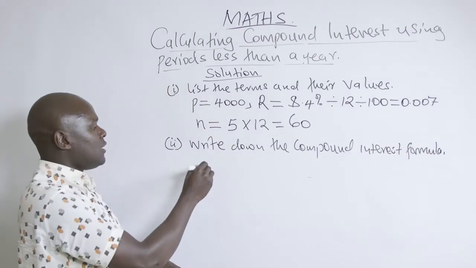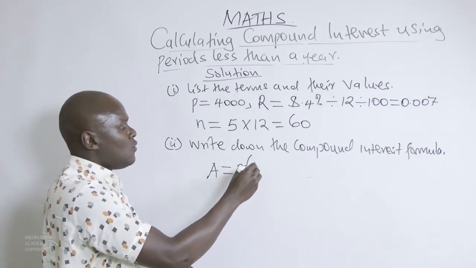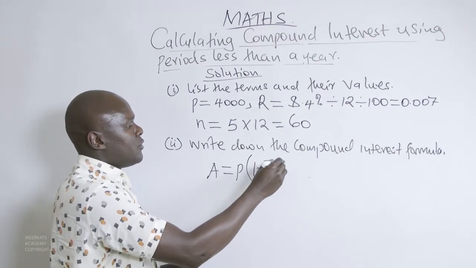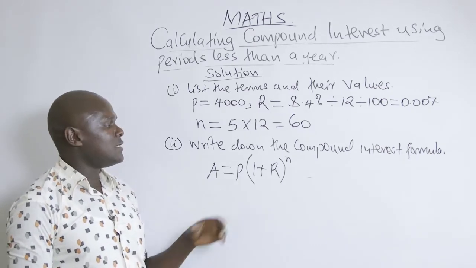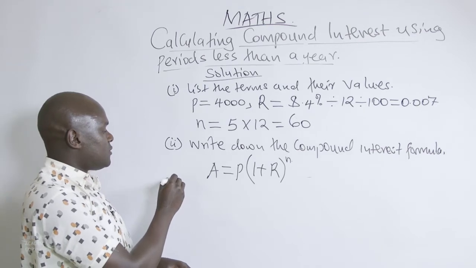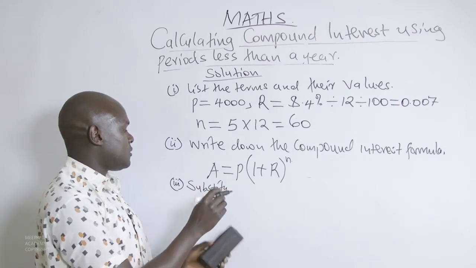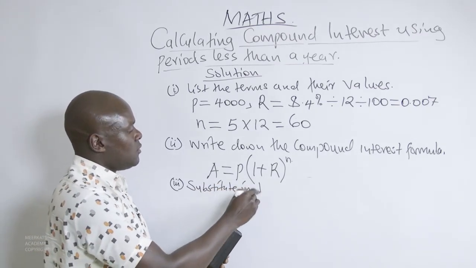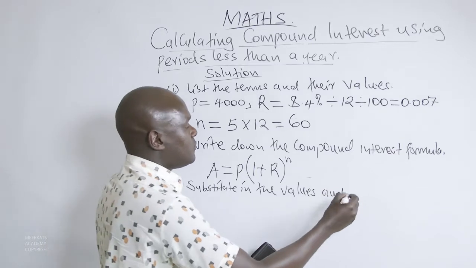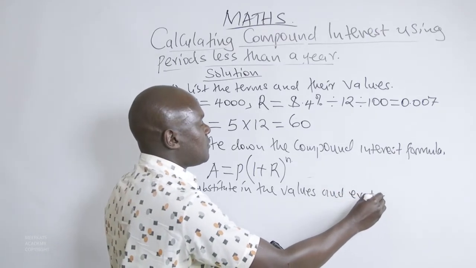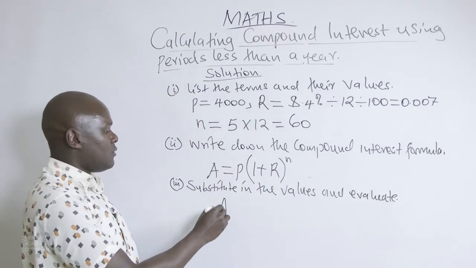Our compound interest formula is: the amount is given by the product of the principal into the bracket 1 plus the rate, raised to power n, where n denotes the number of periods. Having done that, the next step is for us to substitute in the values and evaluate or solve.